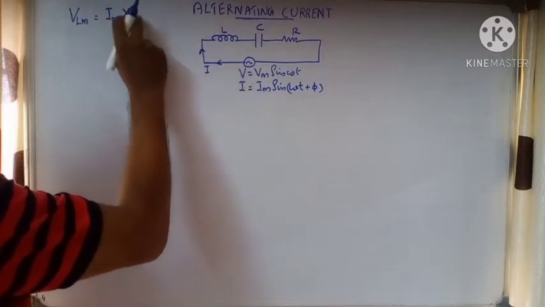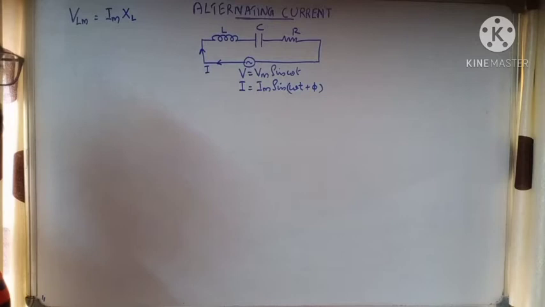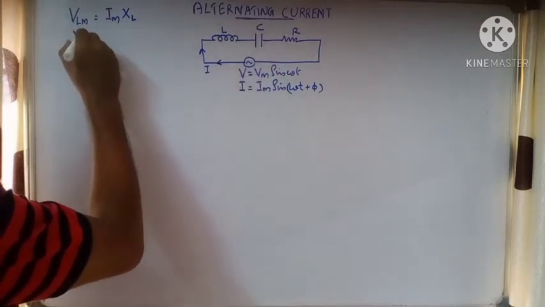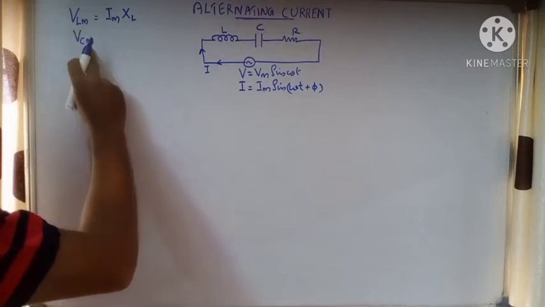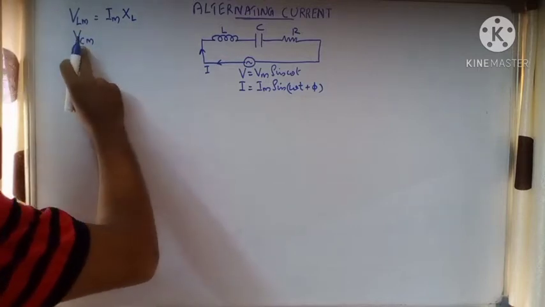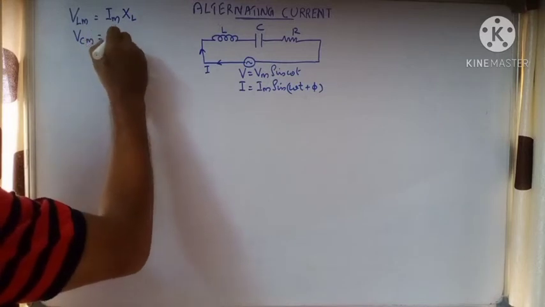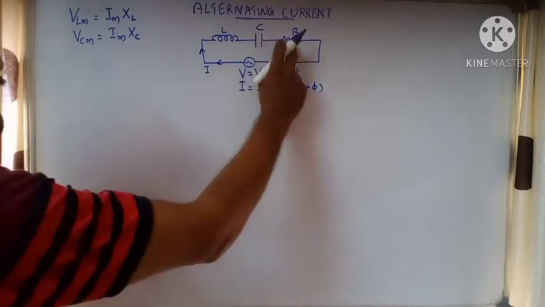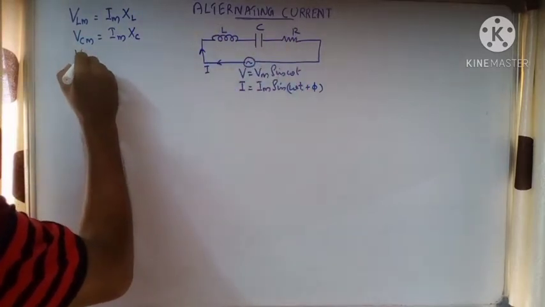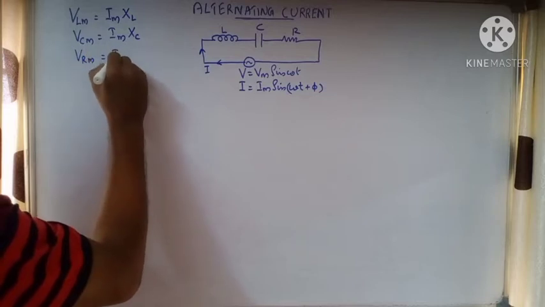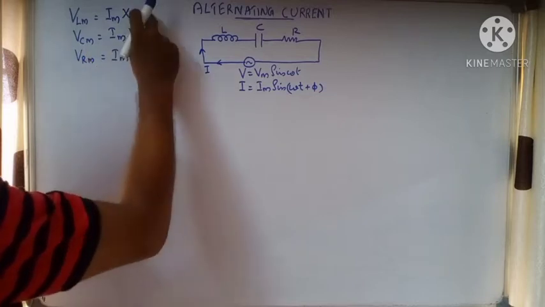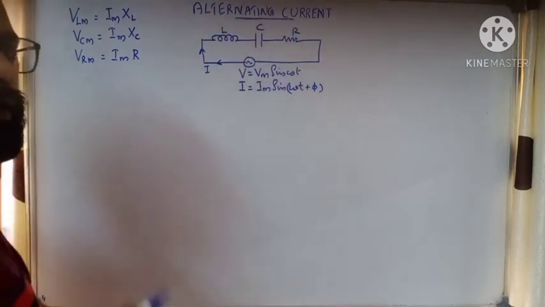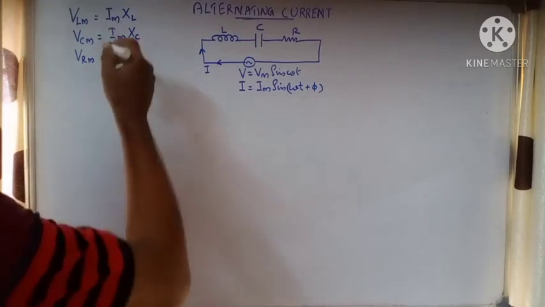What is XL? XL is the inductive reactance. Similarly, across the capacitor, the peak value of voltage VCM is equal to the peak value of current into the capacitive reactance XC. Across the resistor we have VRM is equal to Im into R. These are the peak values of voltages across the inductance, capacitance and the resistor.